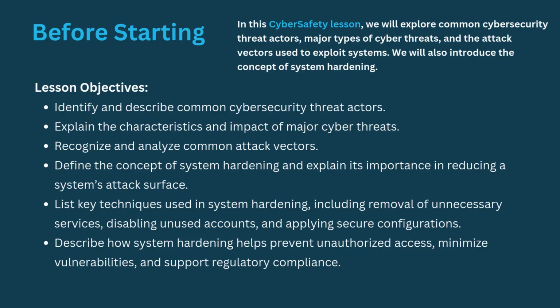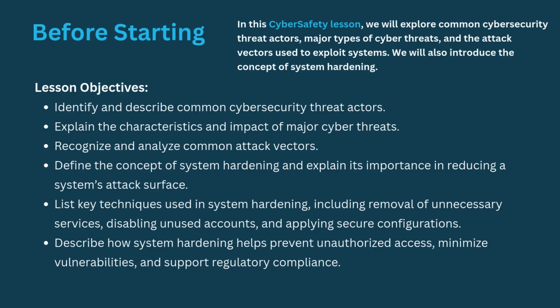In this lesson, we have several key learning goals. First, we'll learn about the different types of cyber threat actors. Basically, who's launching these attacks and why. Next, we'll explore major types of threats, like phishing and malware, and look at how attackers break into systems using various methods known as attack vectors.